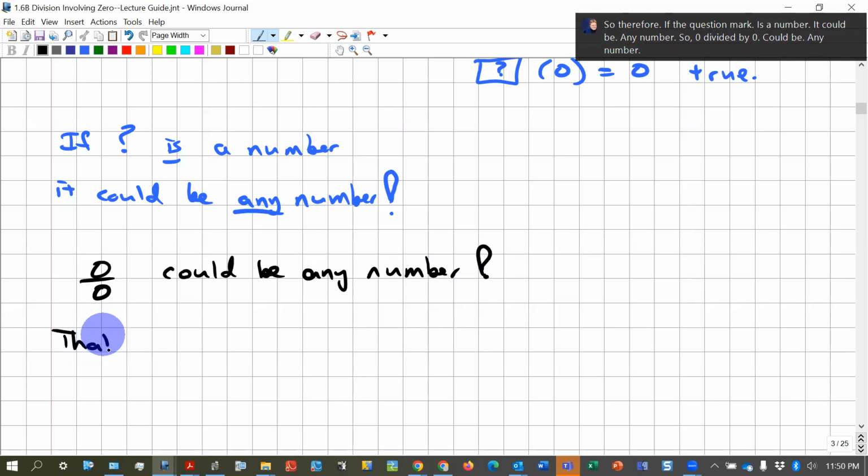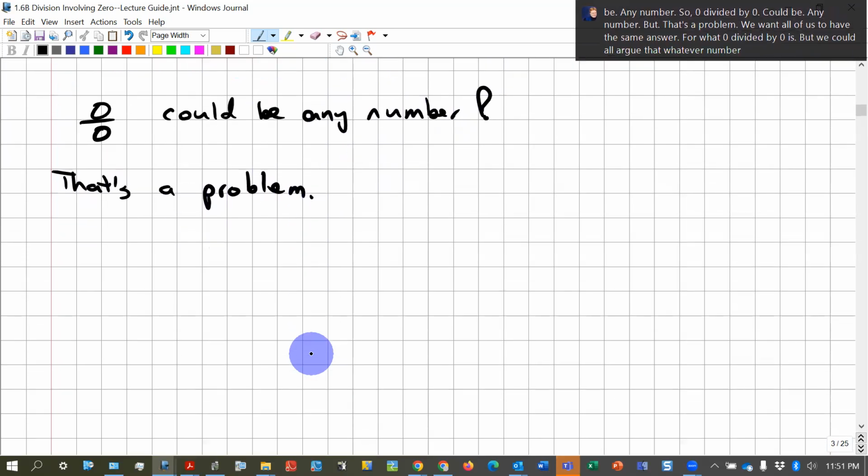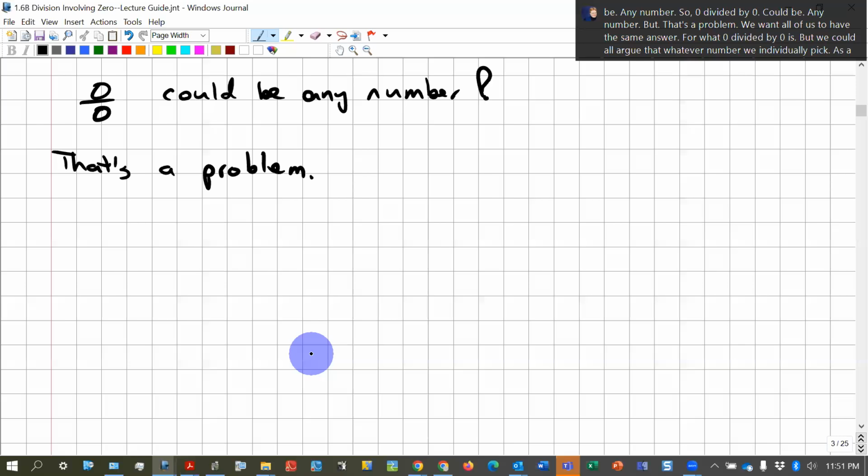But that's a problem. We want all of us to have the same answer for what 0 divided by 0 is. But we could all argue that whatever number we individually pick is okay.